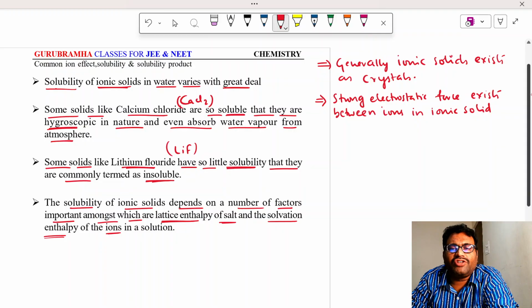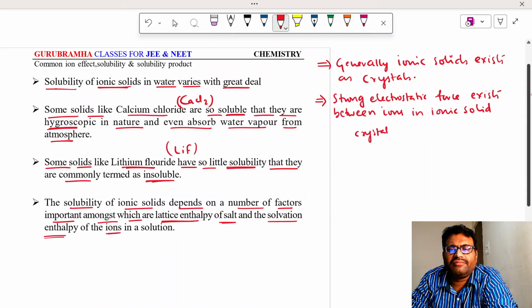Now this ionic solid, for example NaCl or KCl, even CaCl2, exists in the form of a crystal.